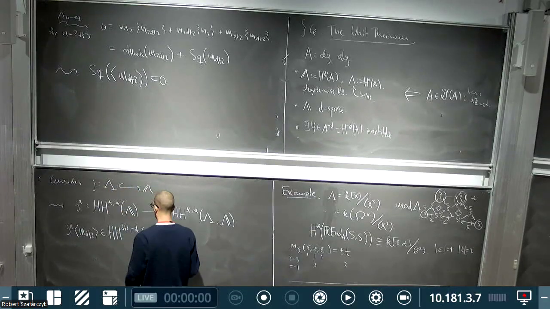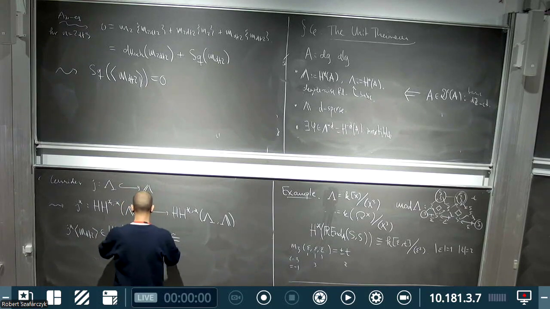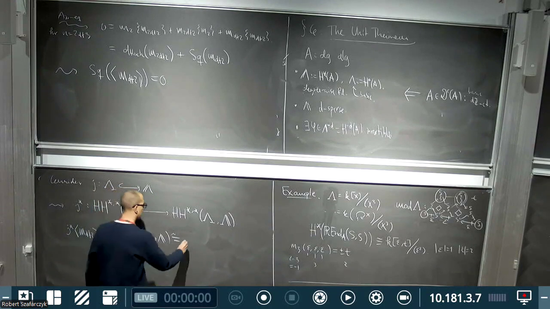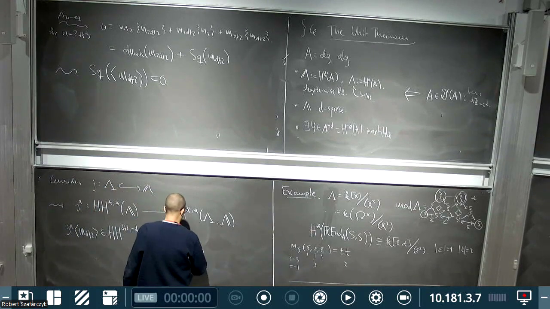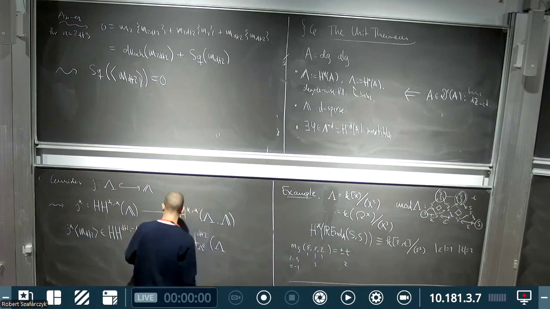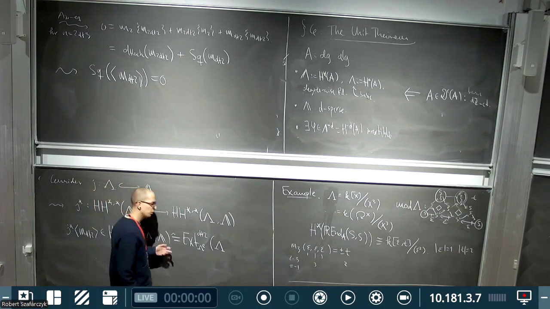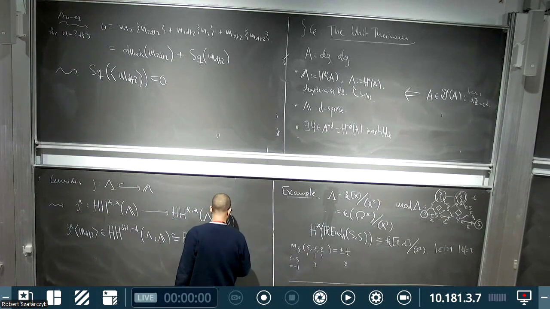That turns out to be isomorphic, because this computes the bigraded vector space of self-extensions. So now it computes extensions in the ungraded sense from lambda to the degree minus D part of this graded bimodule. This is a straightforward computation, right?